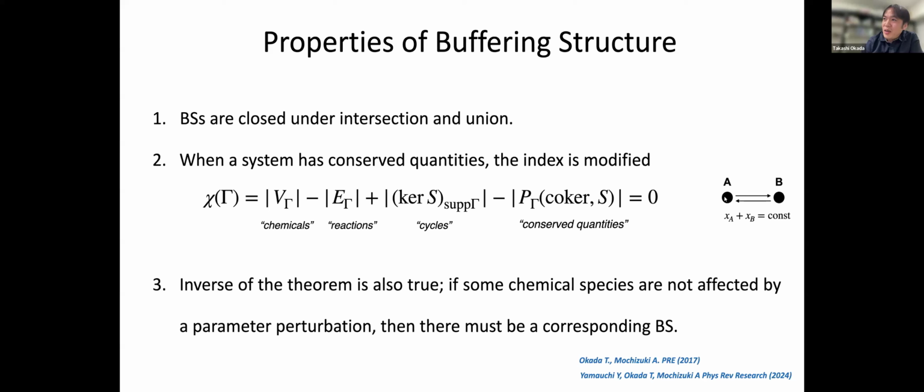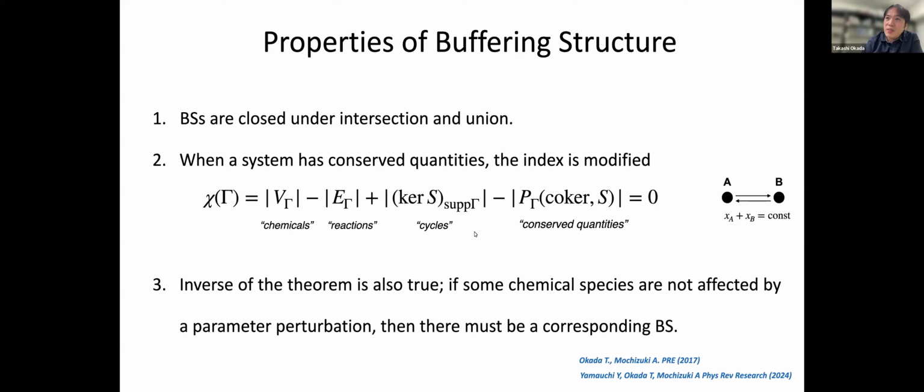For example, in this simple network example, the sum of the concentrations of A and B is obviously conserved. For such a network, we need to modify the index slightly, like this.